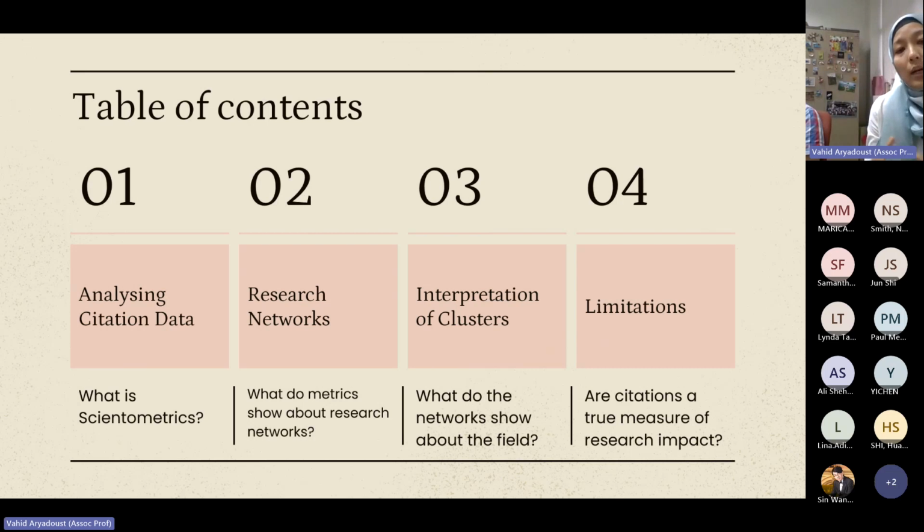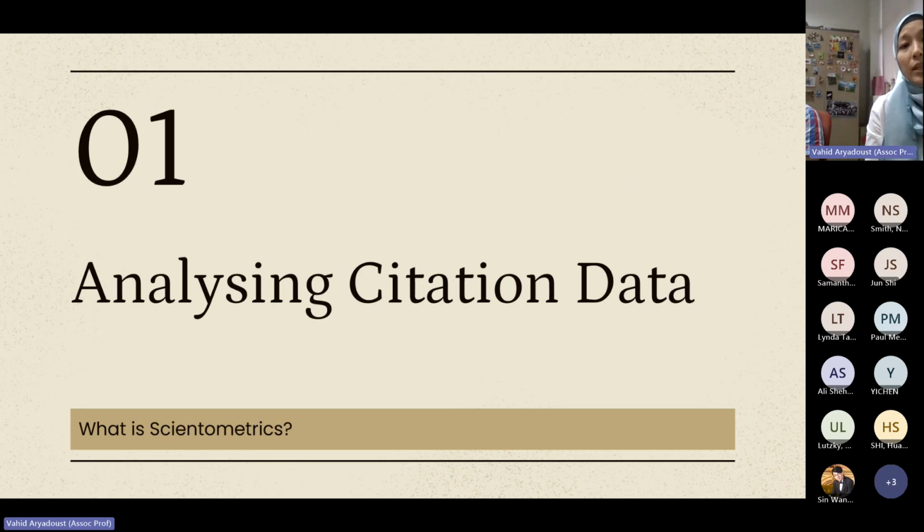Then we'll also look at how to interpret some of the clusters using our previous research that has been published. So what do these networks actually show about the field? And then finally, we want to end off with a discussion about the limitations and how citations may not actually be a complete measure of research impact. So to start off, I think the essential question is, what is this mysterious scientometrics, right?